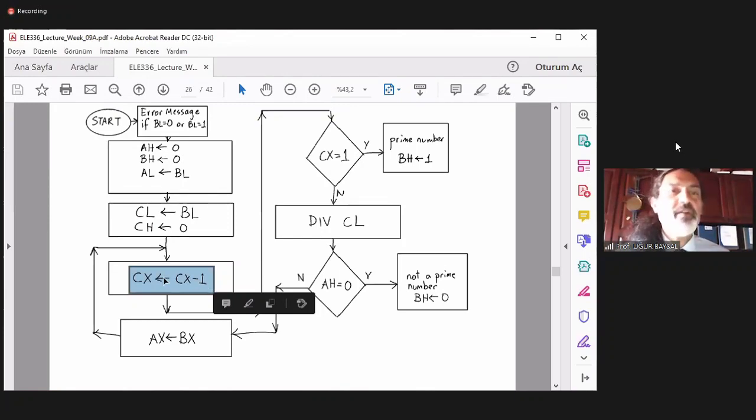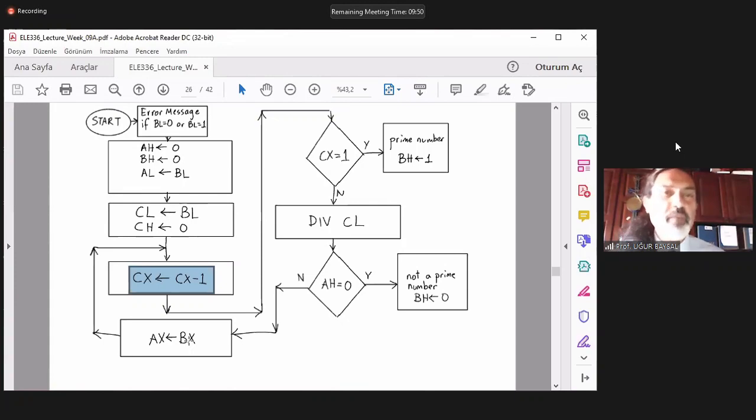And this decrement also is useful for the return of the loop. And then we copy BX to AX. Sorry, my mistake. Forget about my last sentence.